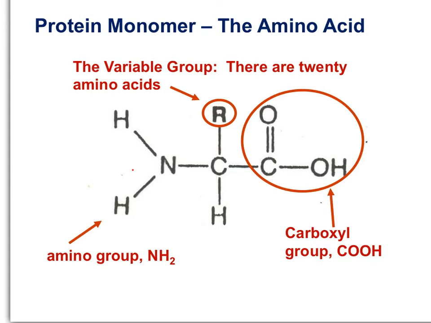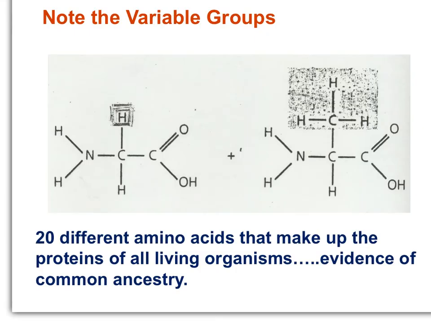Pay close attention. In this diagram, you can see two amino acids. Identify the amino group in each and the carboxyl group in each. Notice the R group. This R group is a simple hydrogen atom, while the R group here is a methyl group, CH3.